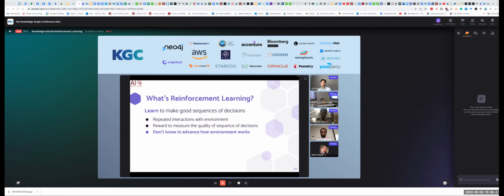The third bullet, this word learn, really means there's no free lunch. You have to make some errors or failures to learn from, such that in the long term, the agent's decisions will be better and better. So that's a one-sentence definition of RL that I think faithfully describes what RL does.